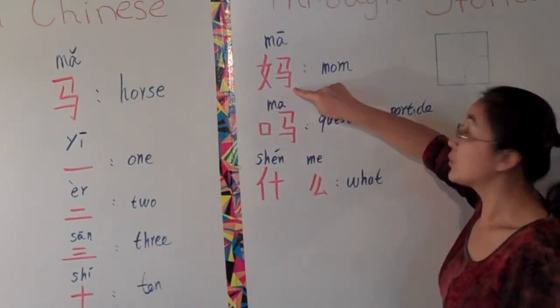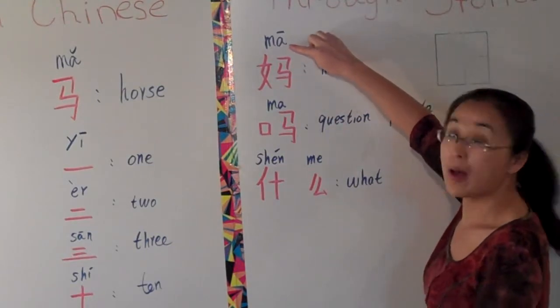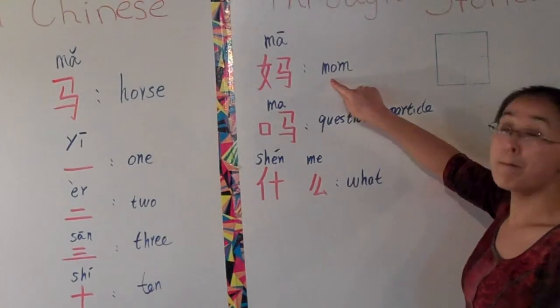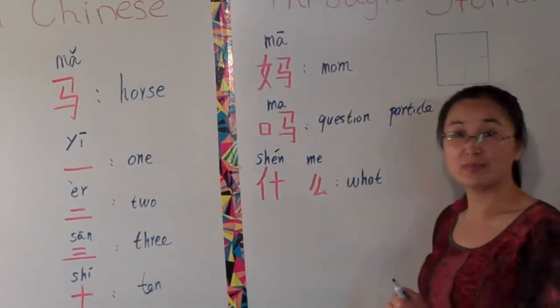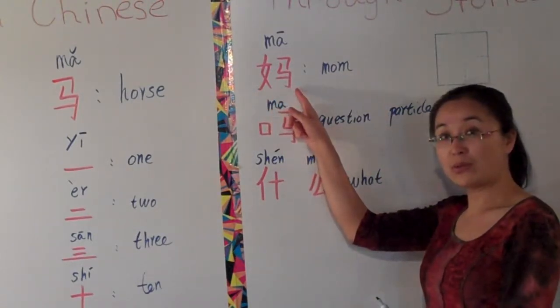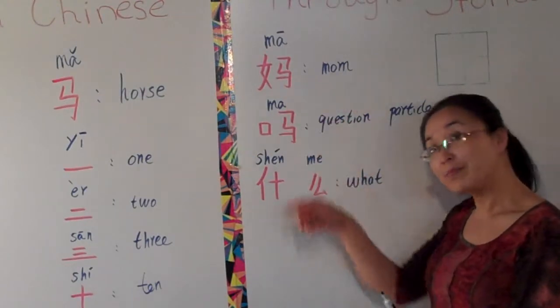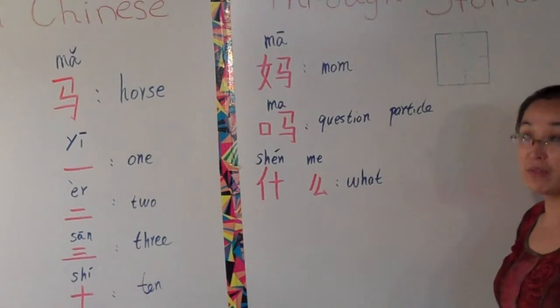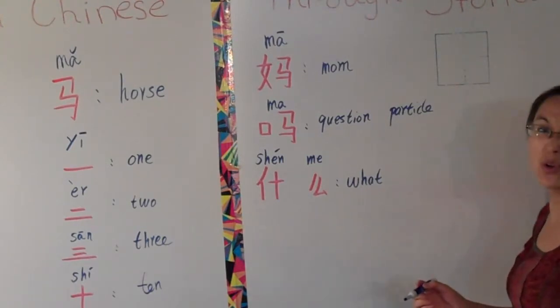Female horse, it's pronounced as mā. Mā means mom. Female horse means mom. That's interesting. Yeah, sometimes moms can be very stubborn, as stubborn as a horse.